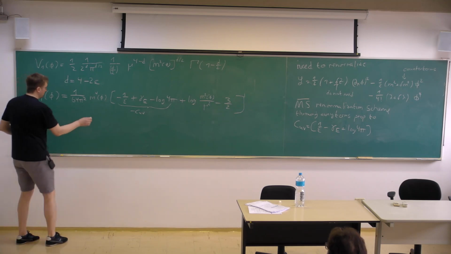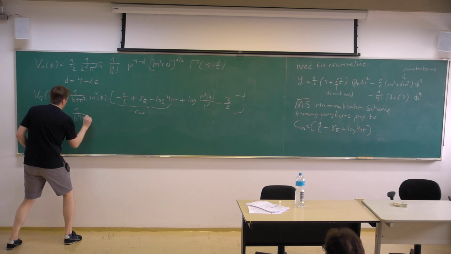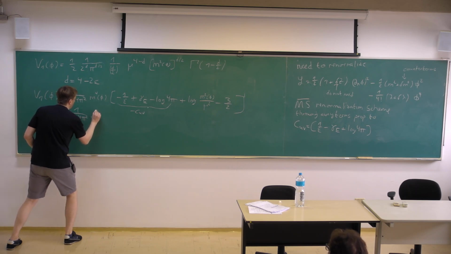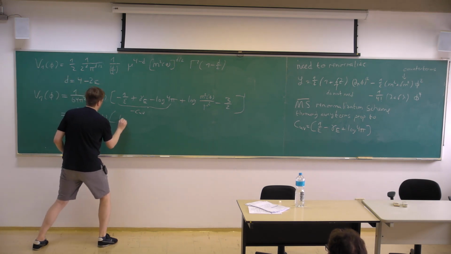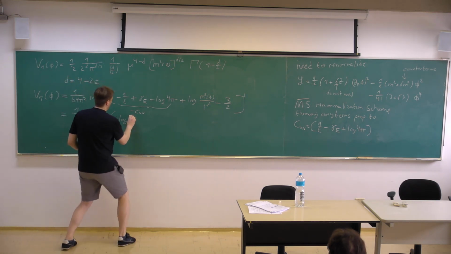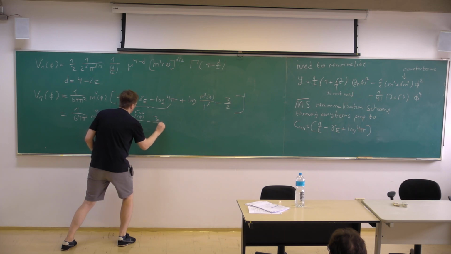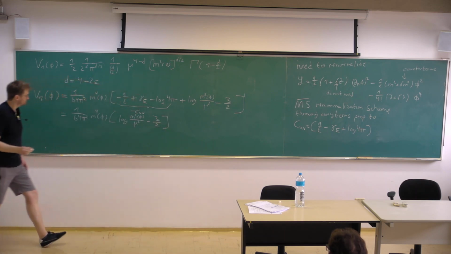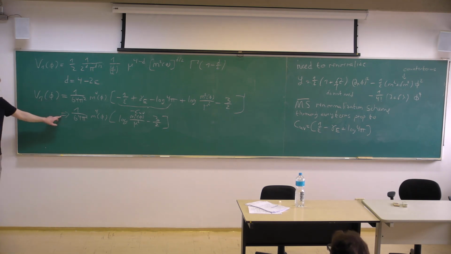Okay, so doing this, what we get is log of m squared of phi divided by this constant mass scale. I should probably write it like this because in this step I've renormalized.